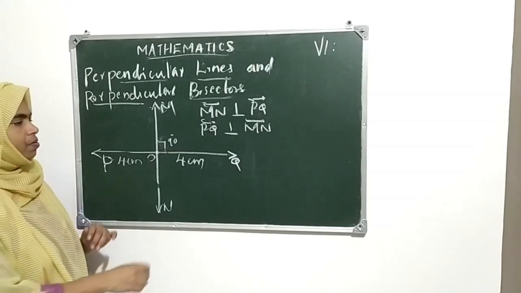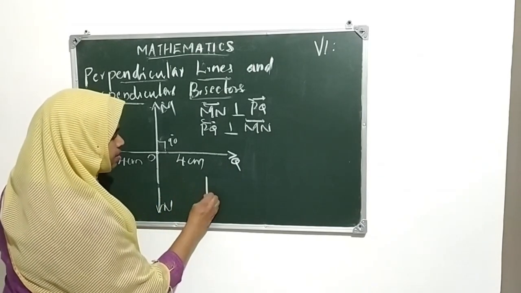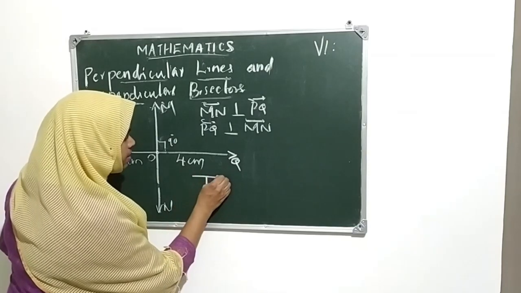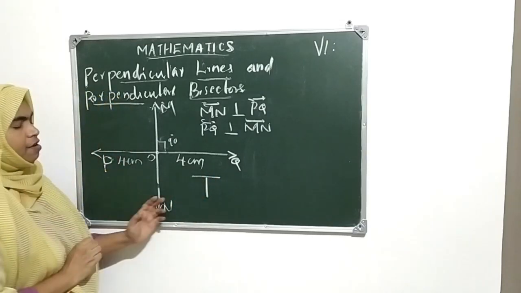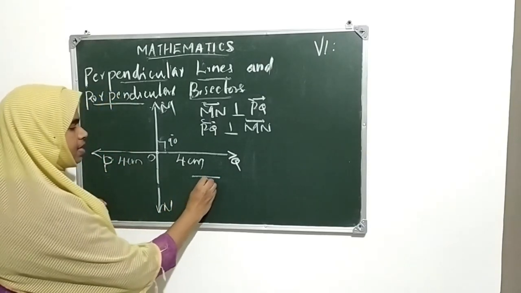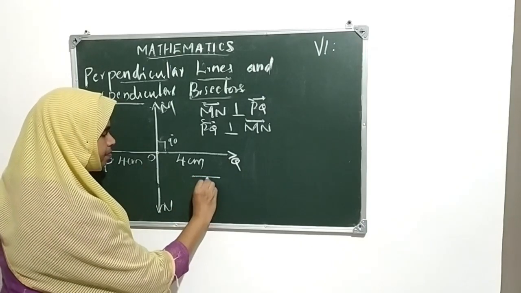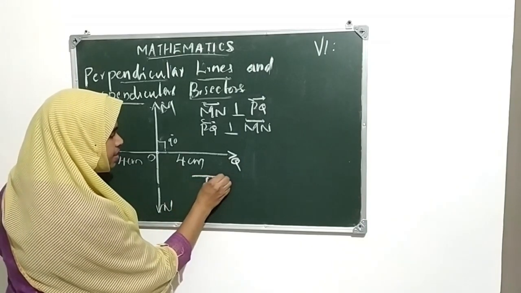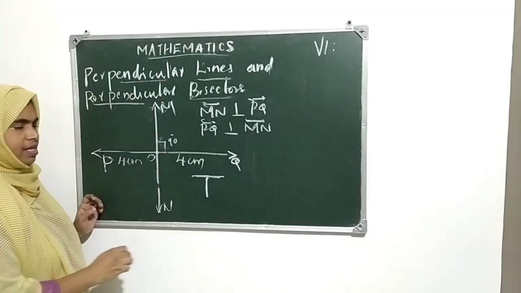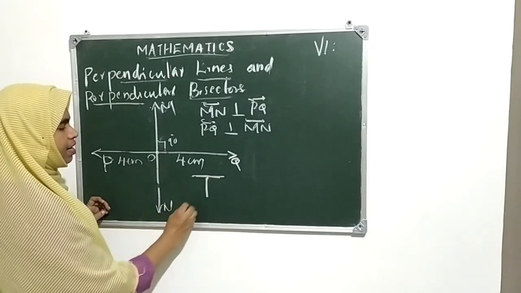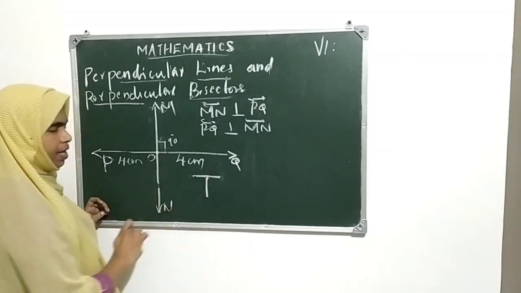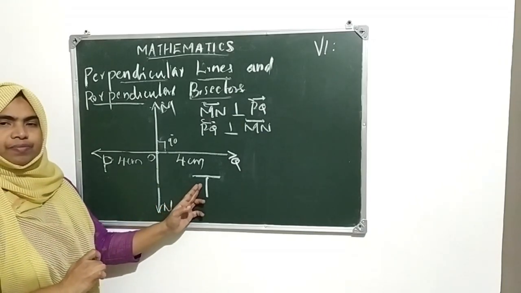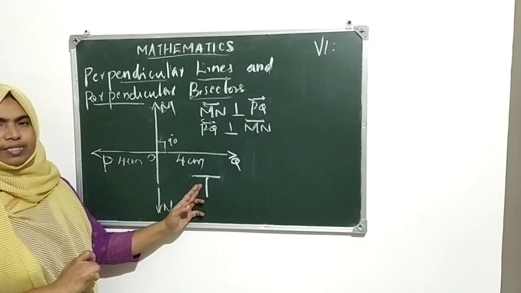An example for a perpendicular bisector is, as we said before, the alphabet T, because this line bisects this line. That means here equal length. If you are writing T like this, this is a perpendicular bisector.